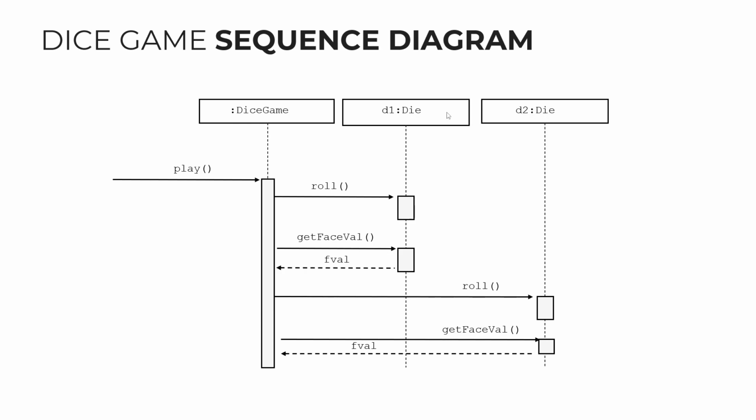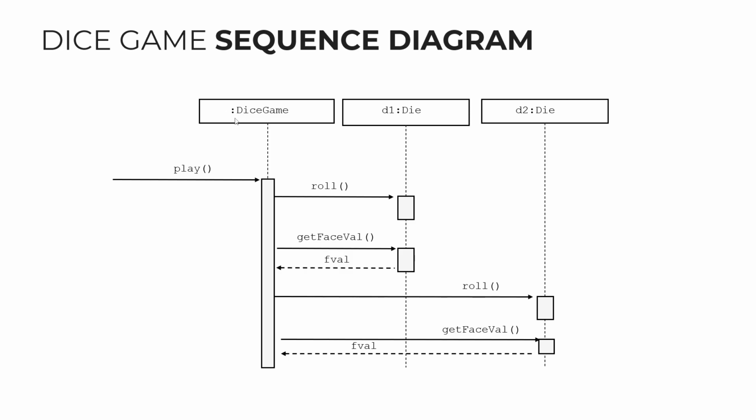If it says D1 colon die, it means that this D1 is an object of the class die. D2 is an object of the class die. But this one has a colon with nothing in front.